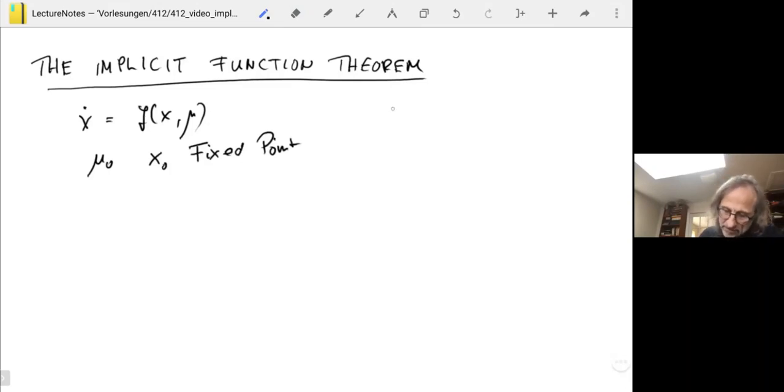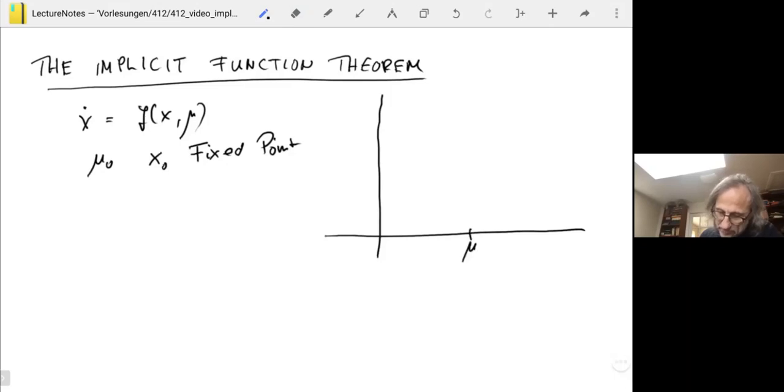And the question we have is, if we have this fixed point, as marked here, if we now were to change mu from mu naught to another value mu, will there be another fixed point at that value mu? And will that be in the vicinity of that original fixed point?